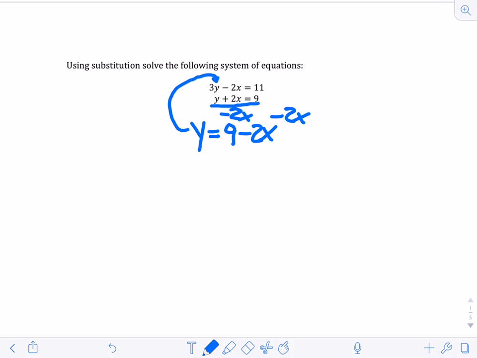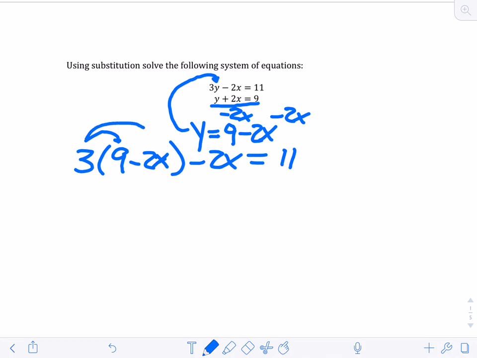This will give us 3 times (9 minus 2x) minus 2x is equal to 11. Now we distribute our 3 and we get 27 minus 6x minus 2x is equal to 11.